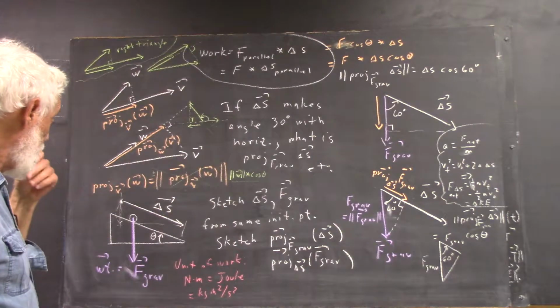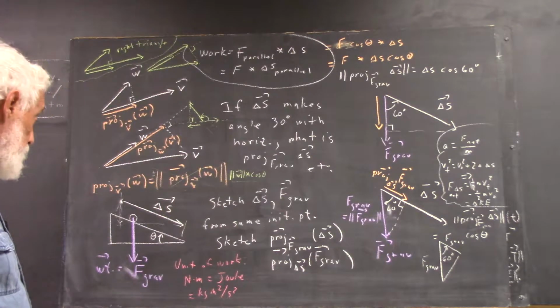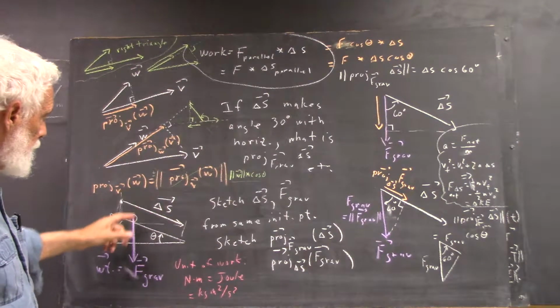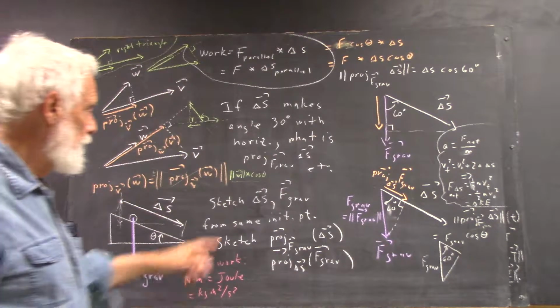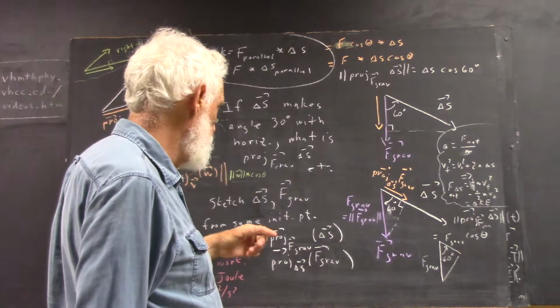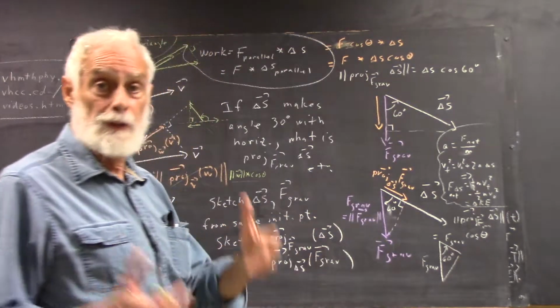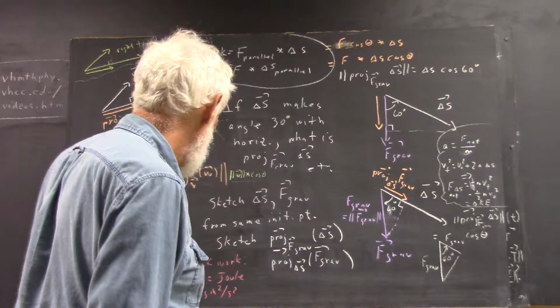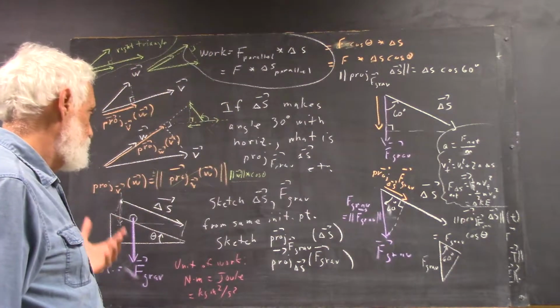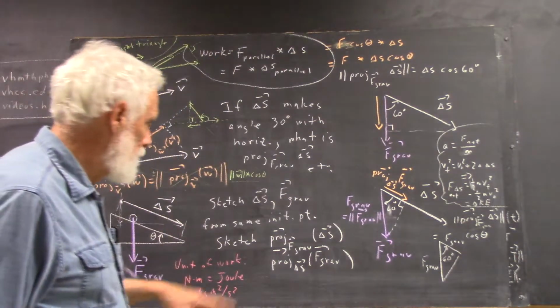Okay. Now we want to do a projection. We want to do projections involving these two vectors. So I say, well, let's sketch delta S and F gravitational from the same initial point, because that's what we do when we sketch the projection. It doesn't matter.